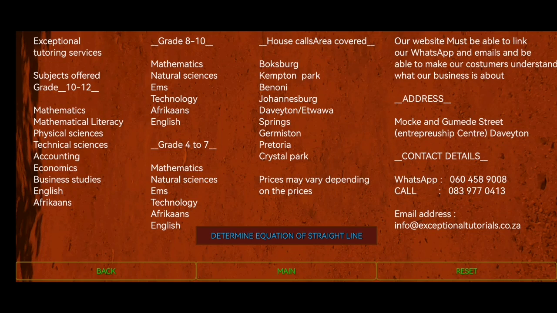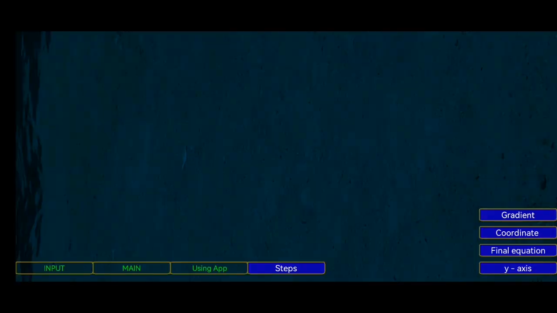So let's press on this button to continue with this straight line. So you press here because you already put the coordinates, so the coordinates will appear as you press here. This is the coordinate that you have inserted from there.